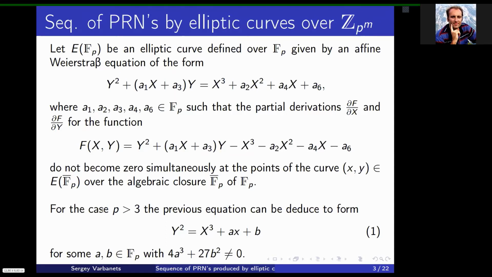For the case p greater than 3, the previous equation can be reduced to the next form 1.